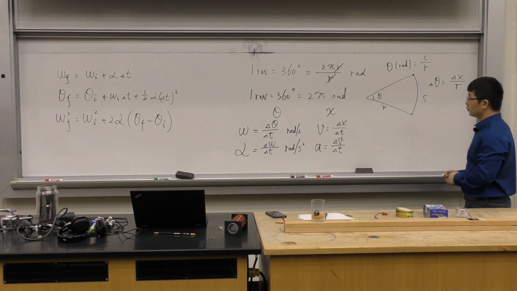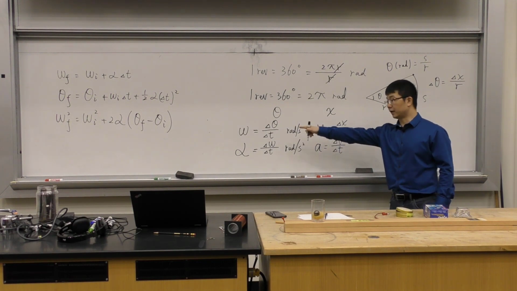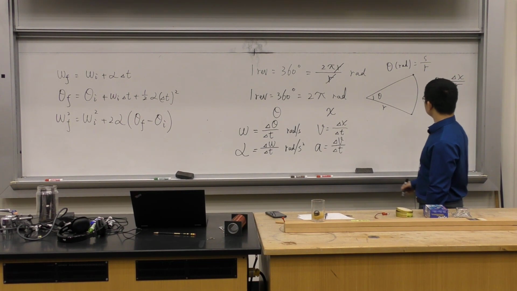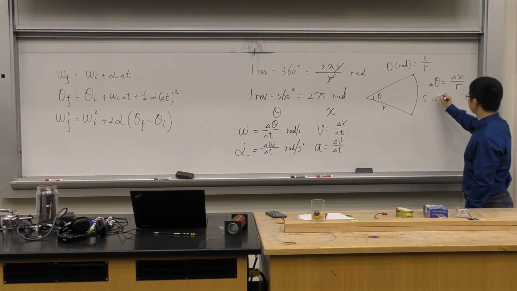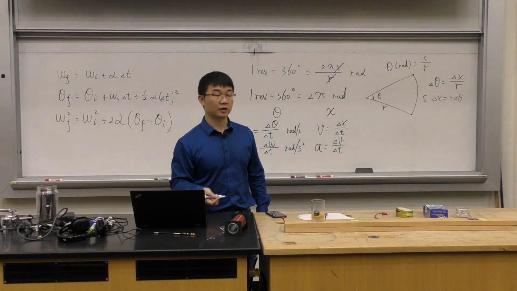Okay? And you can also use that to find out the relation between omega and v, the angular velocity and linear velocity. So all you need to do is this, right? If I rearrange this equation, I will get this. So the distance traveled equals the radius times the changing angle, right?